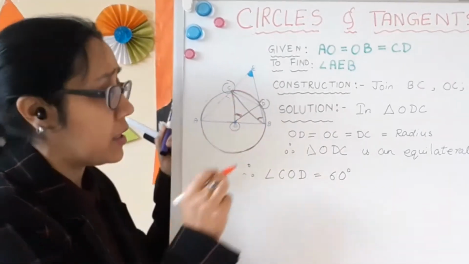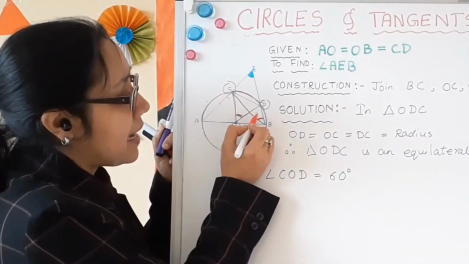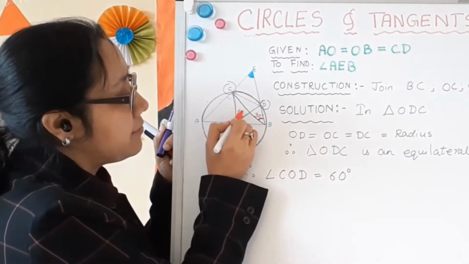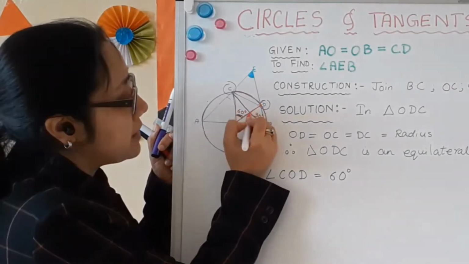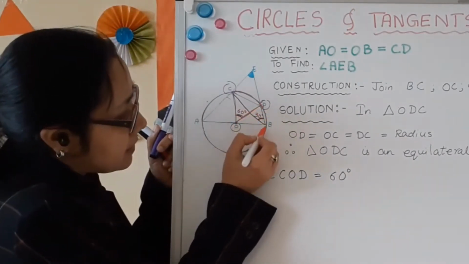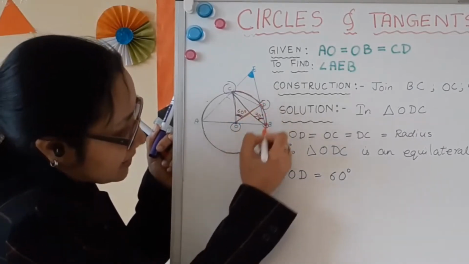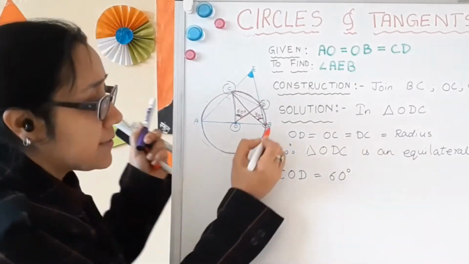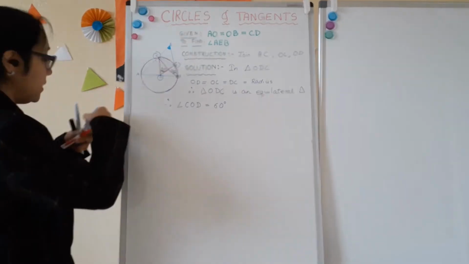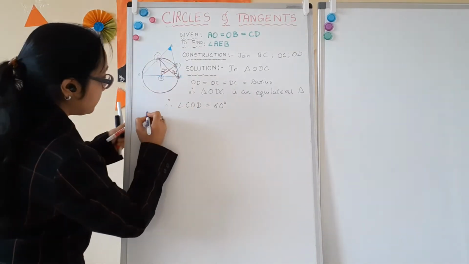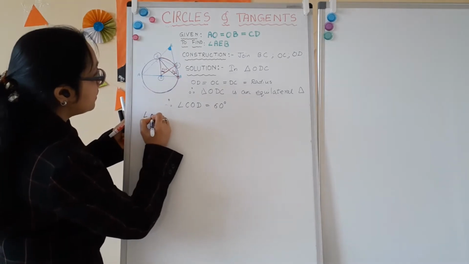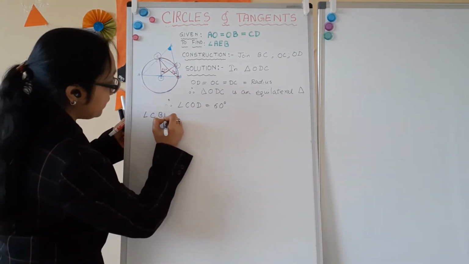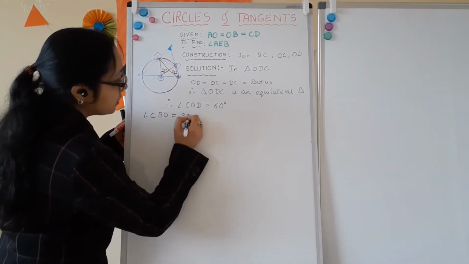So from this theorem we can say that this angle is 30 degrees if this is 60 degrees, because this point B lies on the remaining part of the circumference. So it is forming an inscribed angle, and we can say here that angle CBD is equal to 30 degrees.